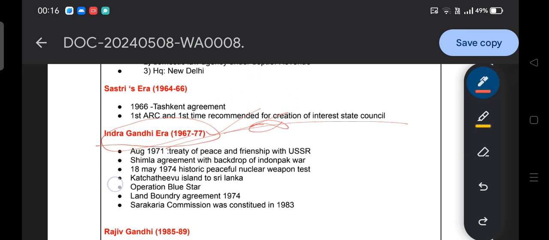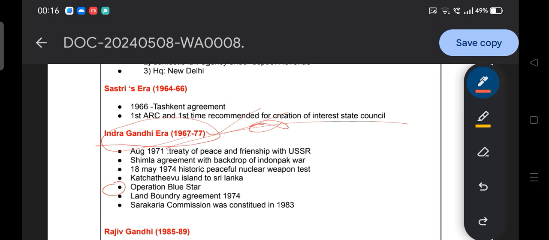Then Operation Blue Star. Operation Blue Star is also associated with the Indira Gandhi government. Operation Blue Star means what? With the help of this operation, a number of military and special armed forces were deployed at the Golden Temple in Punjab to kill Bhindranwale, an extremist, and to eliminate the militant Sikhs who had taken shelter at the Golden Temple.